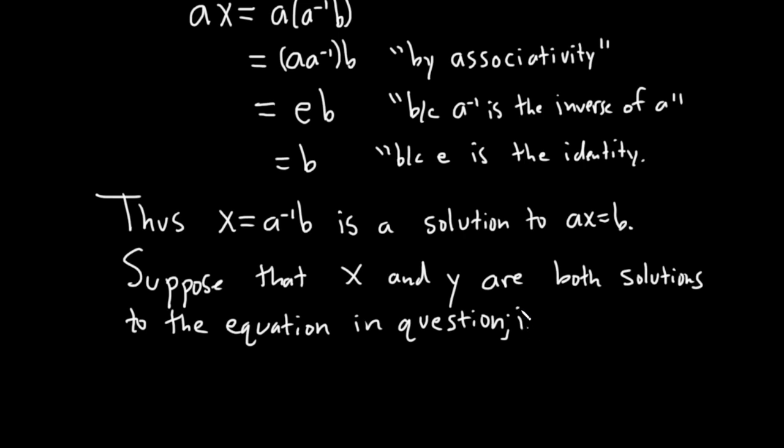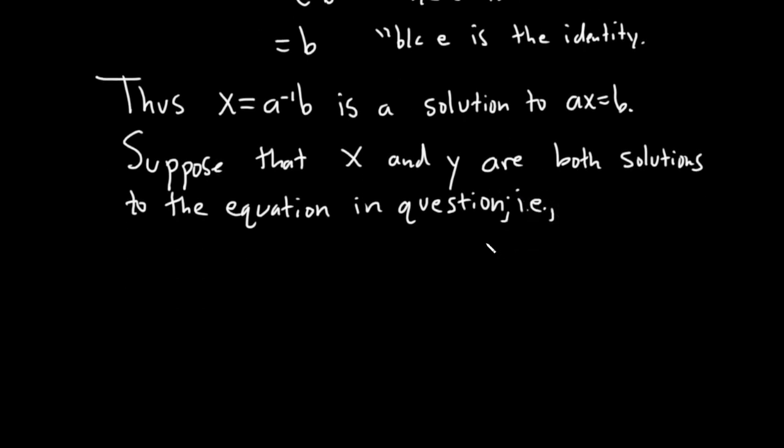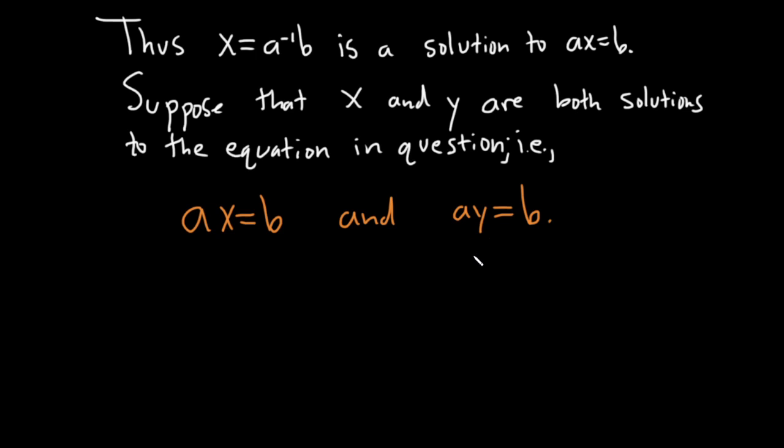What we mean by this is that we have AX equals B and AY equals B. Let me switch to a more fun color. Let's go orange. AX equals B and AY equals B. Well, if AX is equal to B and AY is equal to B, that means that AX is equal to AY.